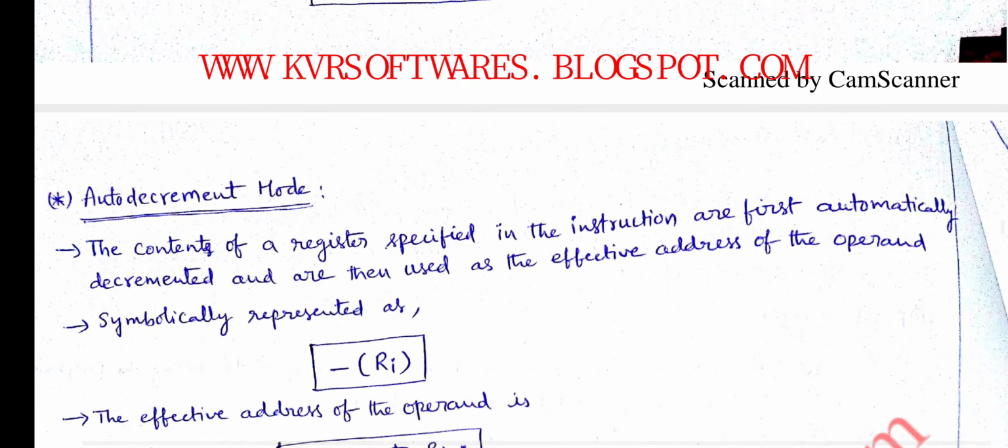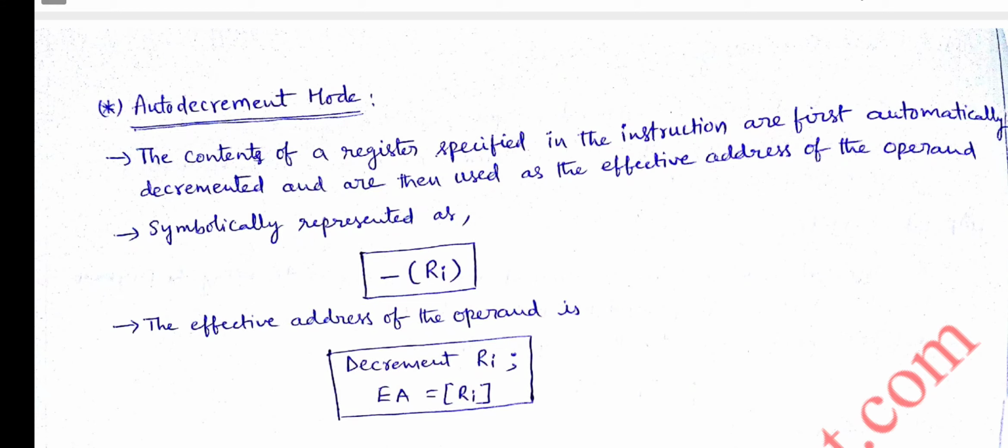Auto decrement mode is nothing but the opposite of increment. The content of a register specified in the instruction is first automatically decremented and then used as the effective address of the operand.